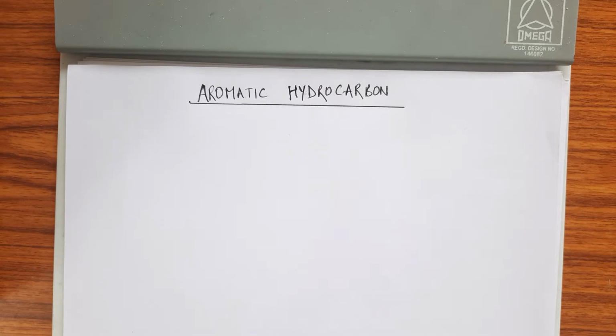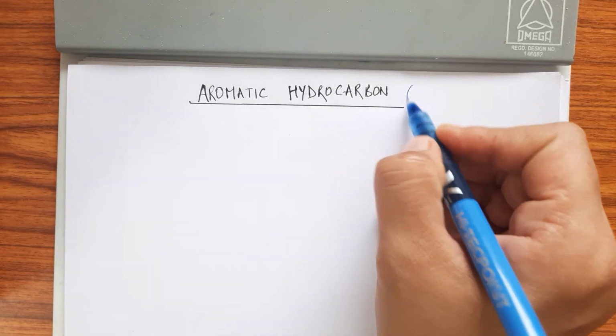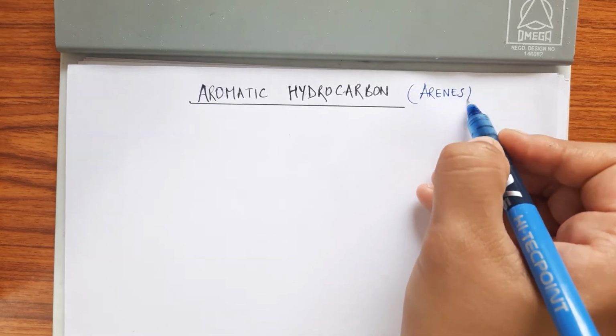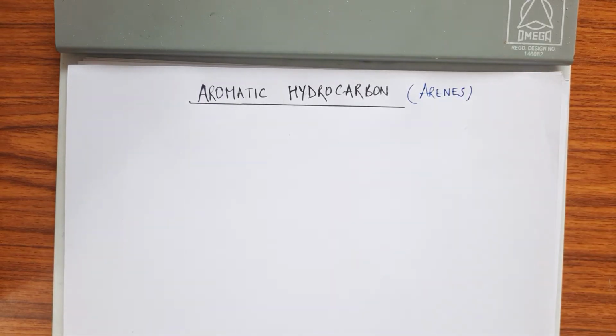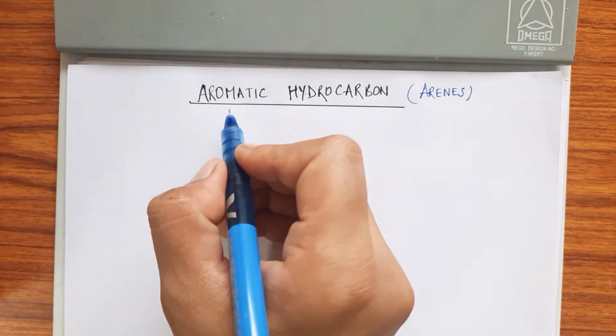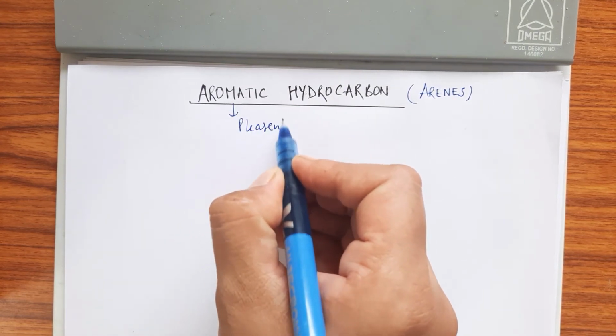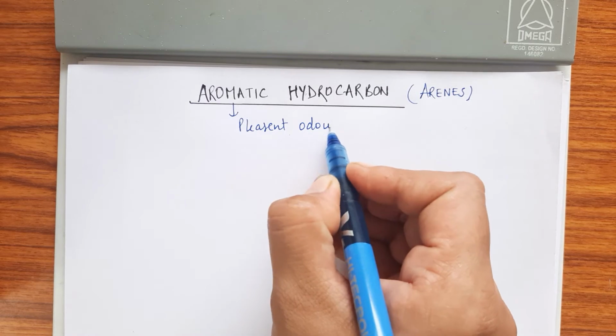The aromatic hydrocarbons are also known as the arenes. These are known as aromatic hydrocarbons because of the presence of a pleasant smell in them. They have a pleasant smell or pleasant odor.